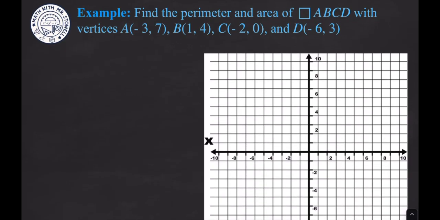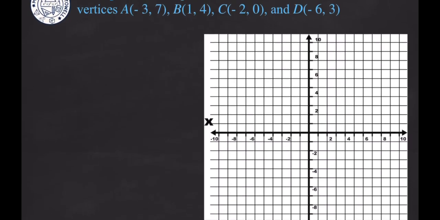Last one. Find the perimeter and area of the polygon. We use a symbol here to indicate a polygon, okay? And we make sure that it's written in order of points A, B, C, D. Basically, we're just going to go around the shape. So if we have point A being negative 3, 7, this is going to be right here. This is point A. If we have point B being 1, 4, that's right there.